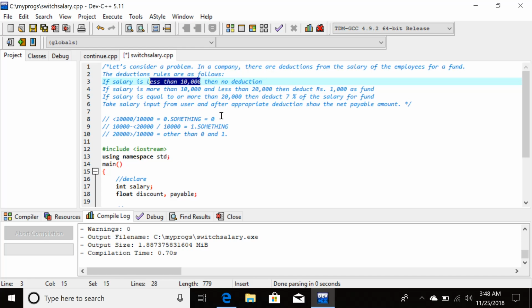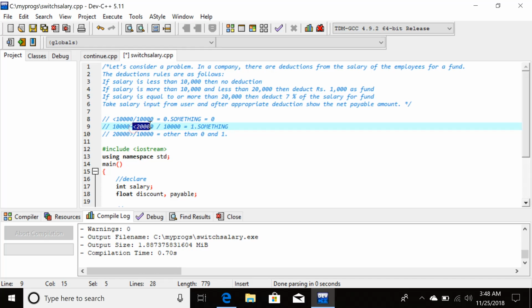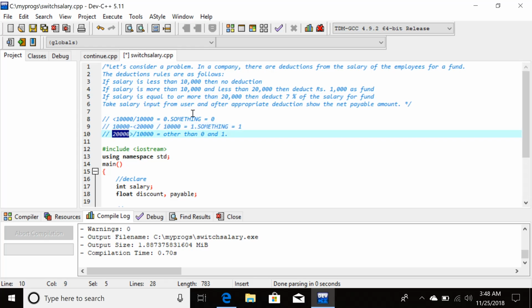Secondly, if the salary is 10,000, the result will be 1, since 10,000 divided by 10,000 is 1. Or if the salary is less than 20,000, again the result will be greater than 1 and less than 2, which means 1 point something, and that will truncate and become 1. And thirdly, if the salary is 20,000, the result will be 2.